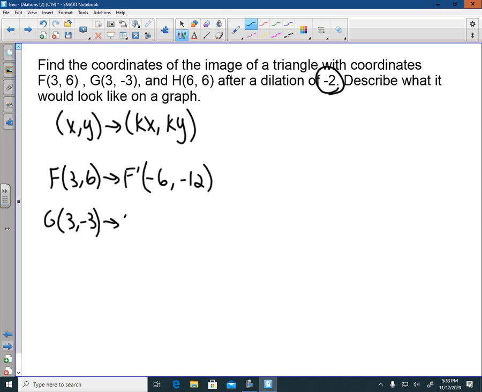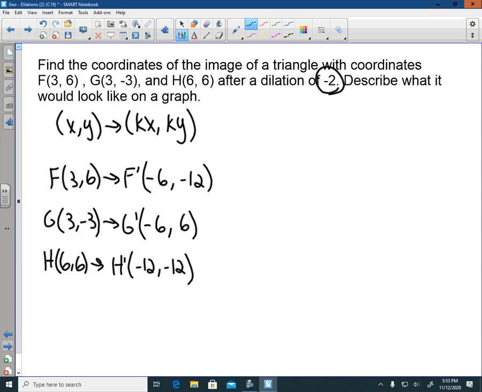So it's going to go to G prime, which is 3 times -2, or -6, and then -3 times -2, which is +6. And then the last one, H, starts at (6, 6), and it's going to go to H prime, which is going to be 6 times -2, or -12, a couple of times.